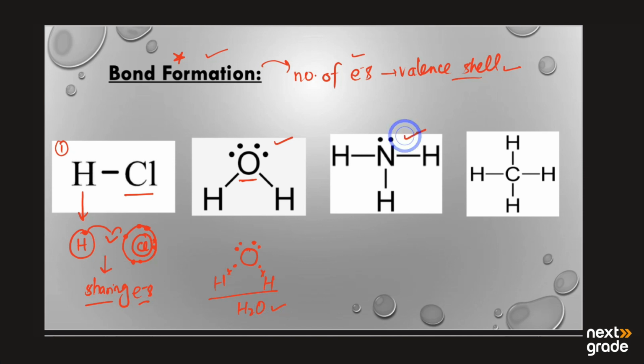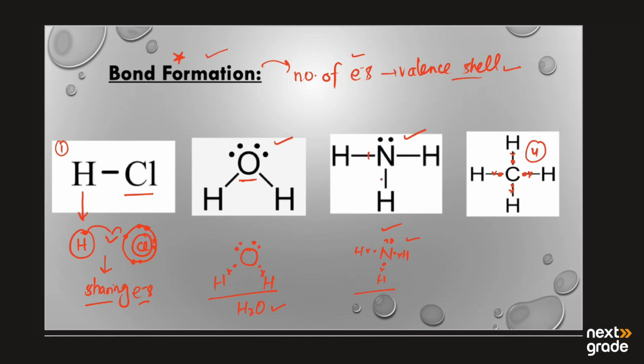If we look at NH3, nitrogen has a total of 5 electrons in the valence shell. So it will combine with 3 hydrogens like this, form the bonds and complete its octet. Next we have carbon. As it has 4 bonds and has combined with 4 hydrogen atoms, its valency is 4.